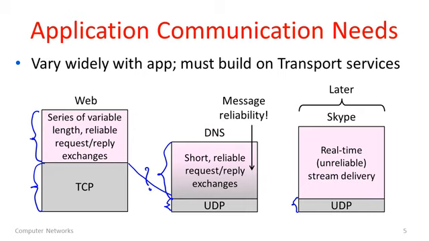The communication needs to be real-time, so if the information doesn't arrive quickly by a deadline, there's no point retransmitting it for the sake of reliability, because everyone will have already seen a glitch in the conversation and moved ahead. So Skype somehow needs to implement a real-time stream delivery communication pattern on top of UDP.